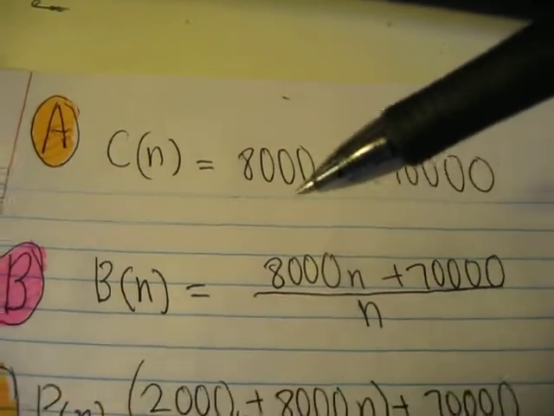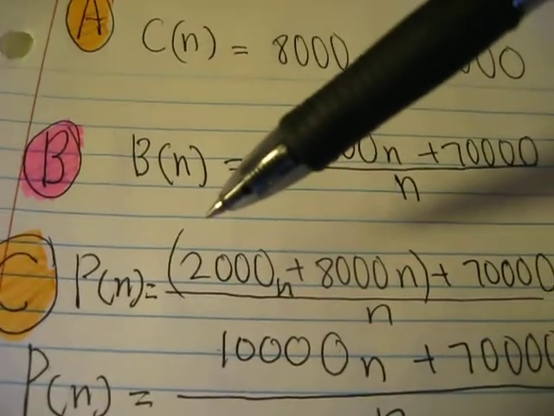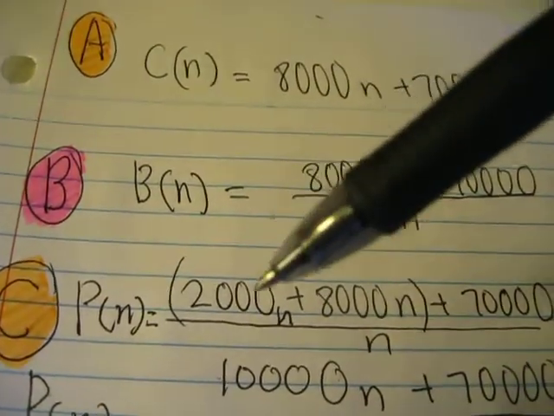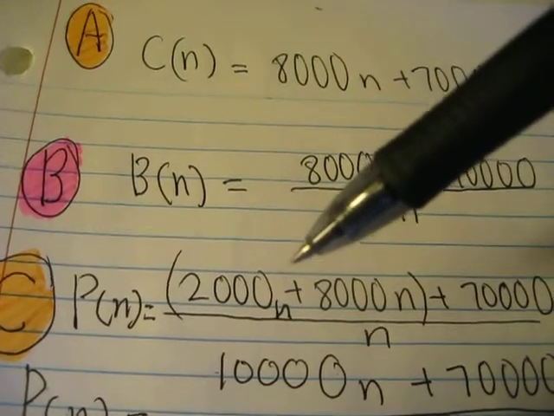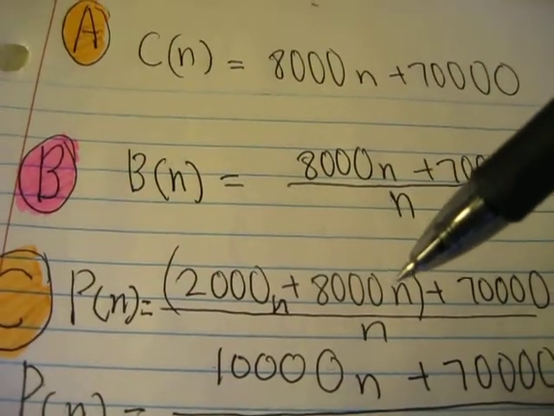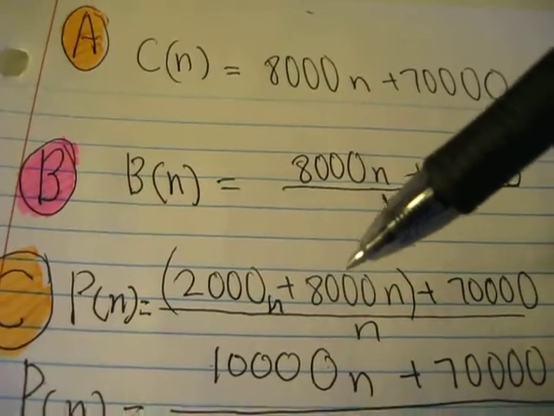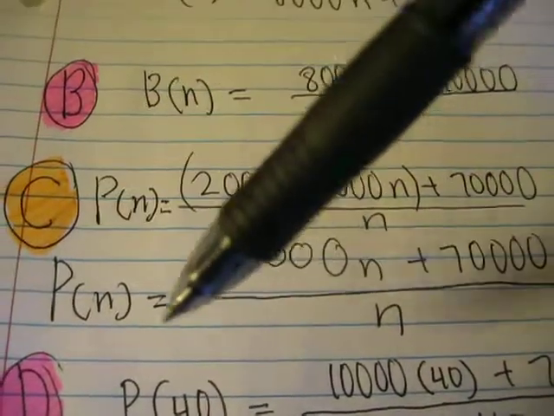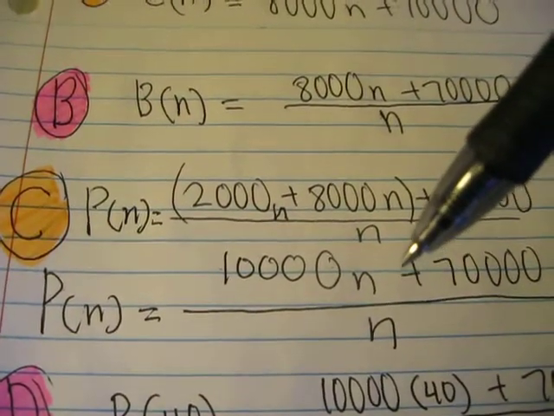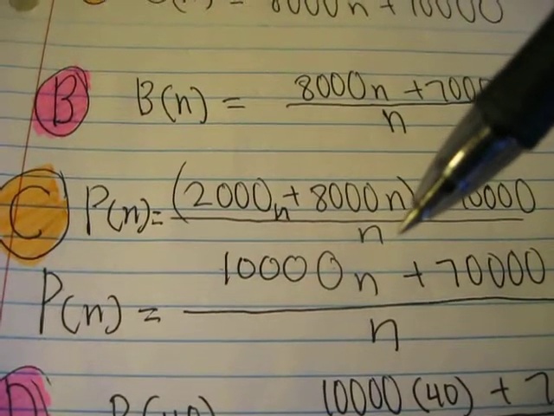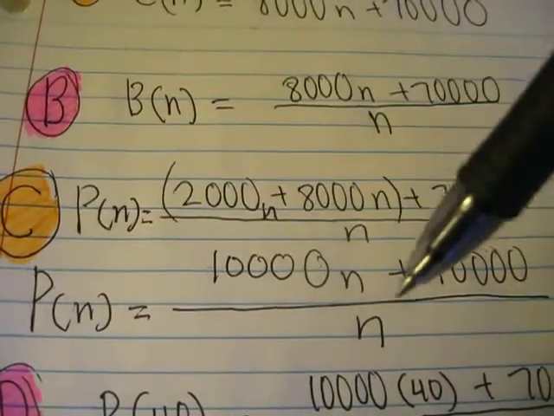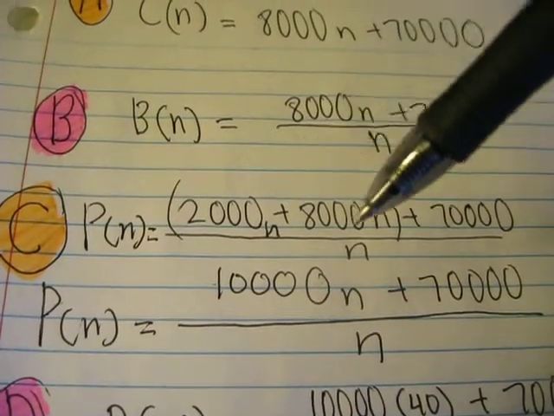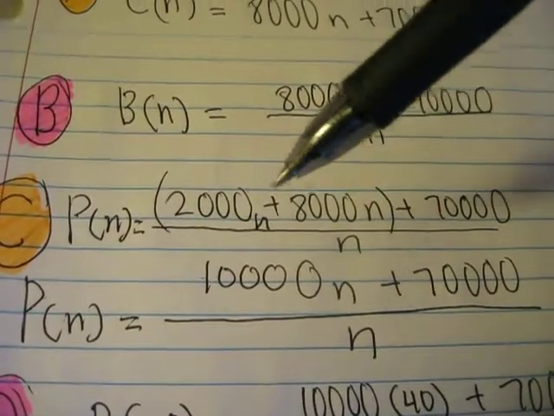So it'll look like this. We add 2,000n because they're asking for per car, and n is how many cars they make, plus 8,000n, and so we get (10,000n plus 70,000) over n. And this gives the result of how much it will cost to make a profit of 2,000.